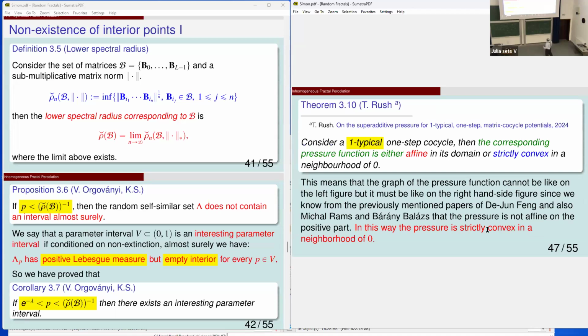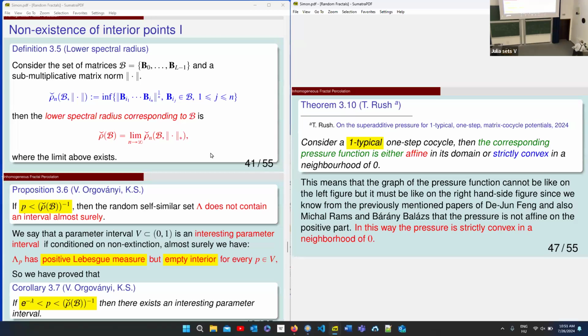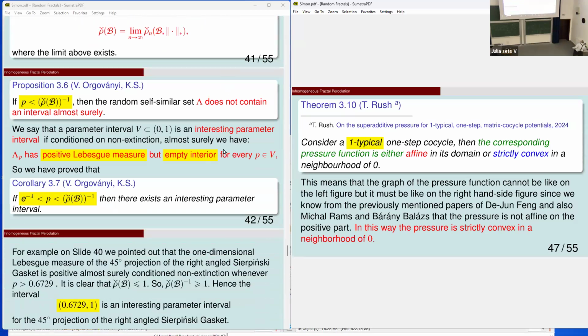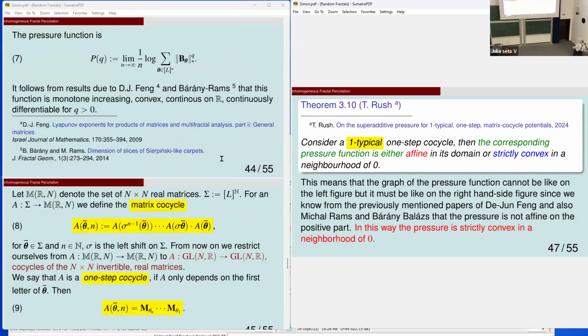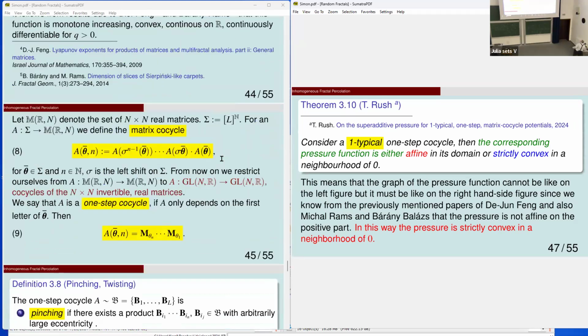So here is this marvelous theorem of Tom Rush. He says that if you consider one typical one-step cocycle, and now I show you, because maybe some of you would still like to see it, this was the definition.